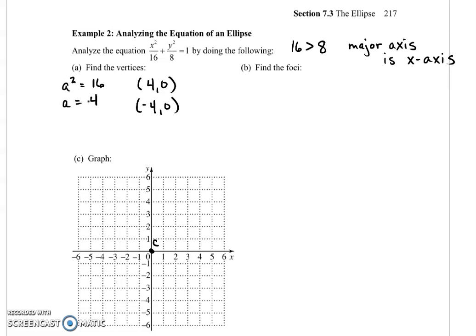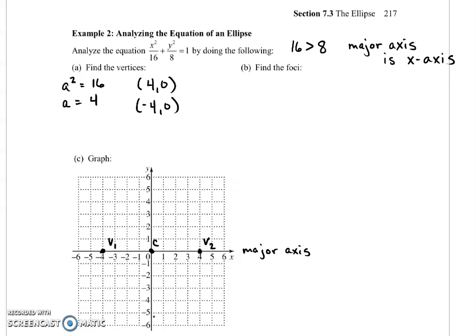And remember, A tells us how far along the major axis we go to get our vertices. So if we go 4 and negative 4, 4 in either direction along the major axis, that's how we get our vertices. So we'll label these V1 and V2.